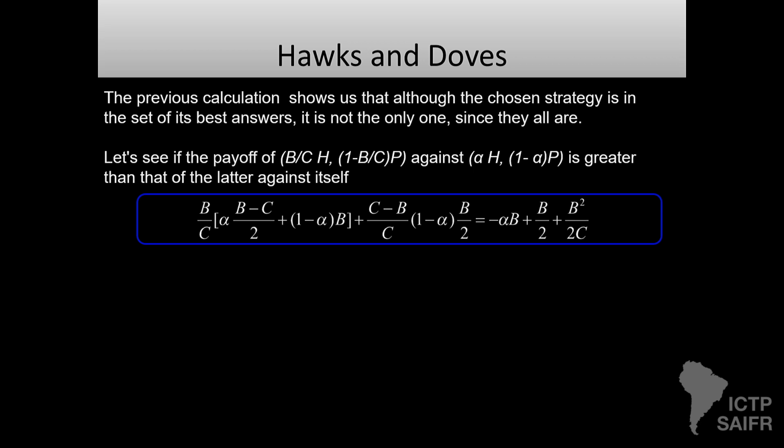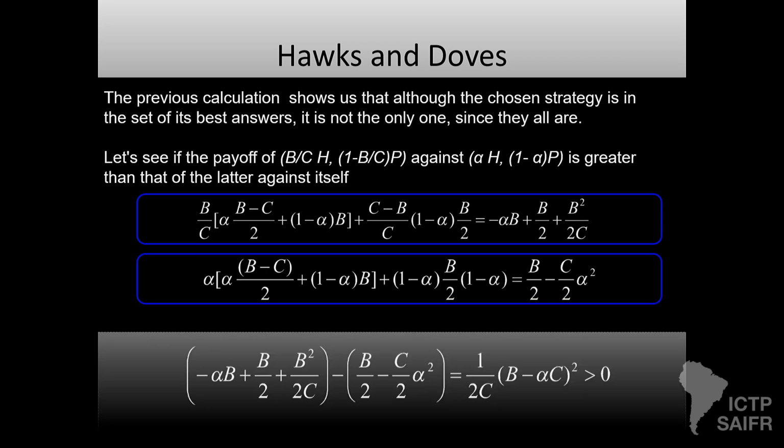And when we do this calculation, what we get is the payoff of this strategy. We are going to do this, sorry. The payoff of this strategy against this one, and the payoff of this strategy against itself, okay?